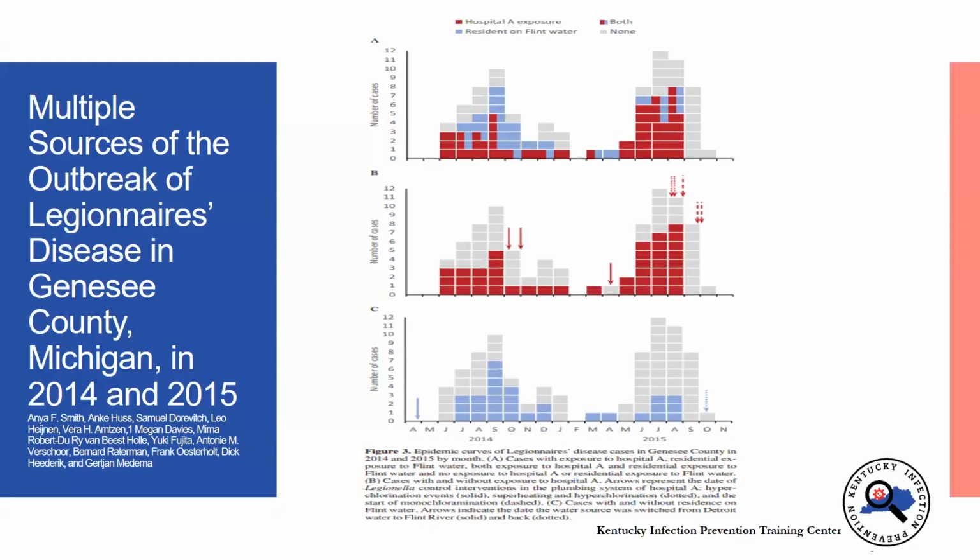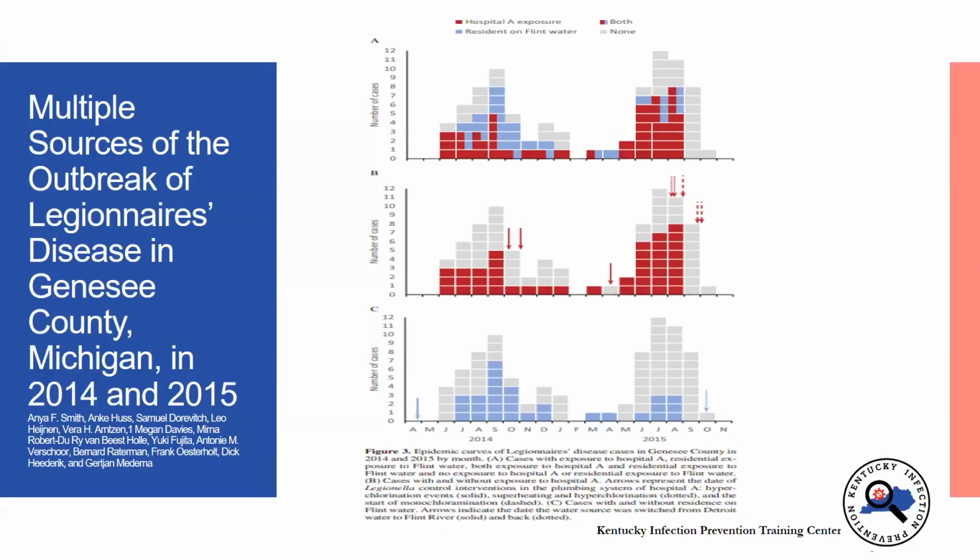Whole genome sequencing showed that isolates from cases exposed to hospital A and the hospital plumbing, which unfortunately was also growing Legionella, were reported to be similar.